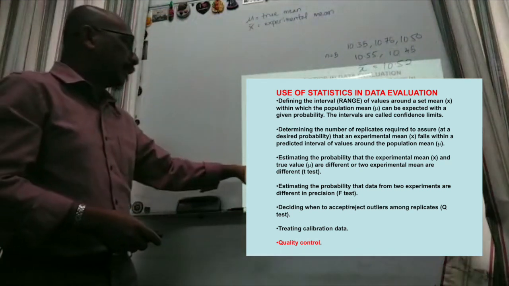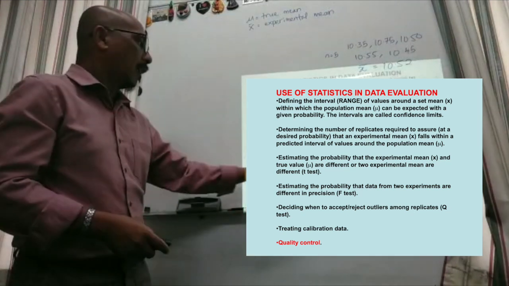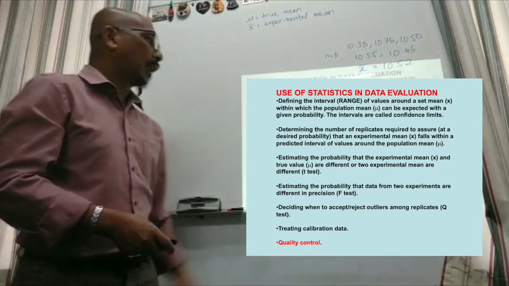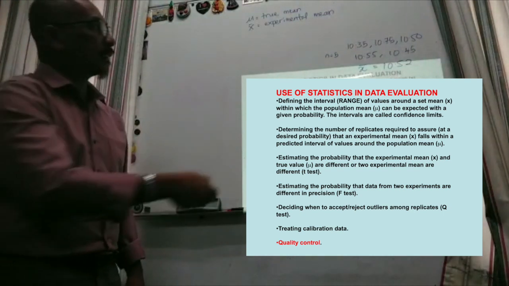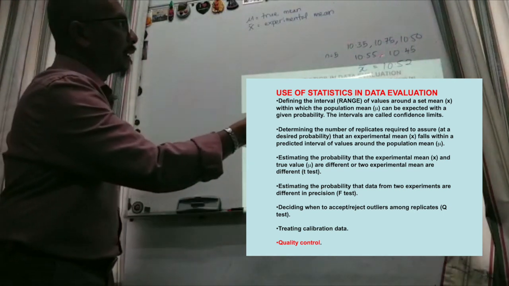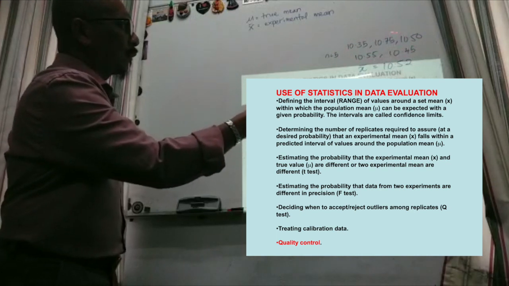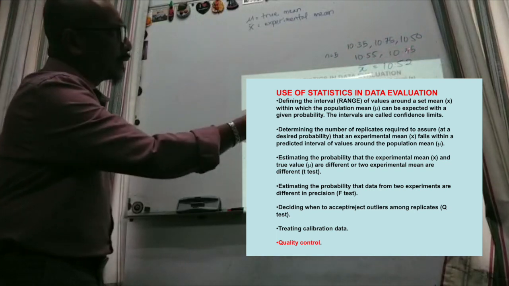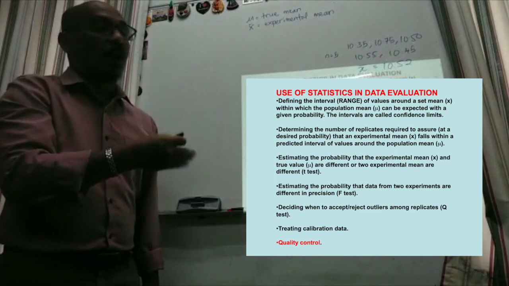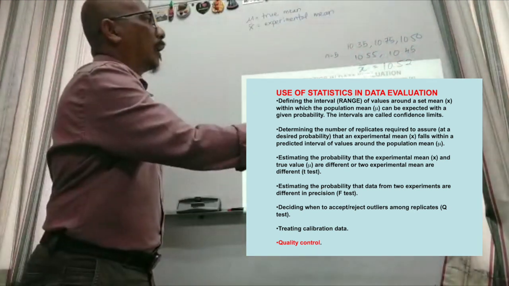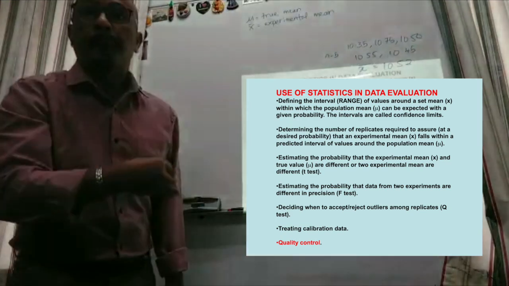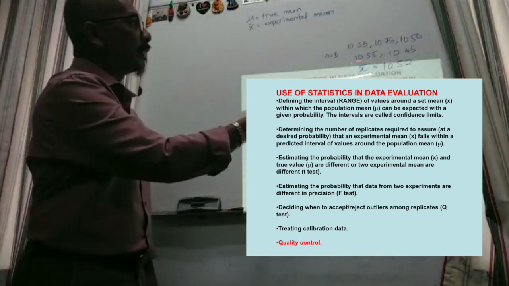And then deciding when to accept or reject outliers among replicates, we call the Q-test. Let's say we have 5 replicates. From these 5 replicates of data, is one of the data an outlier? We have to remove it first before we calculate the average of this set.